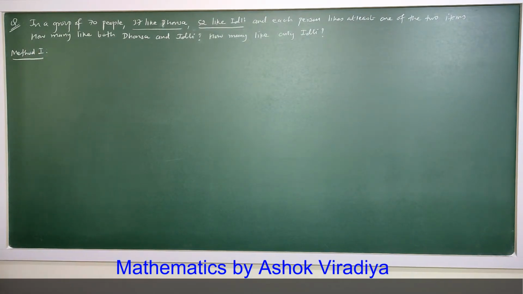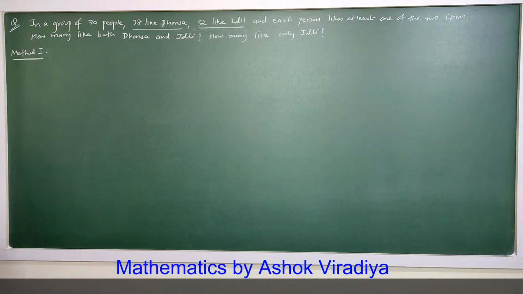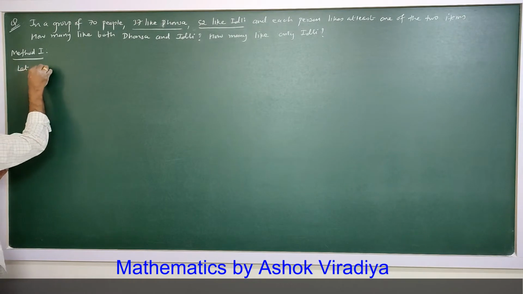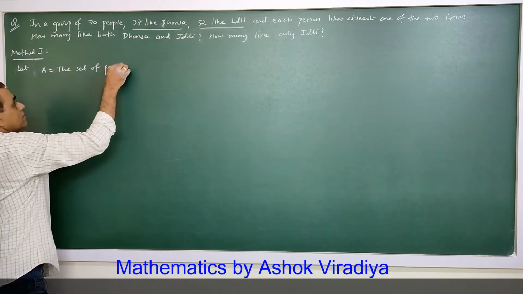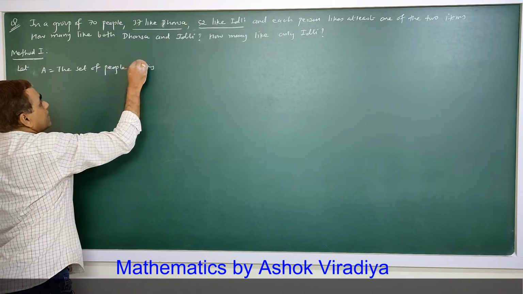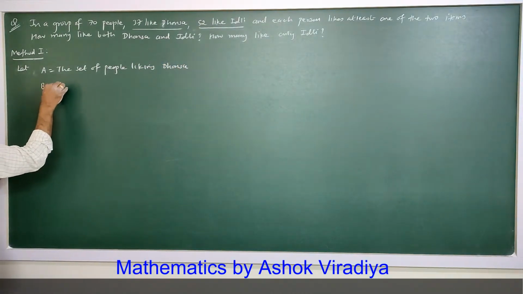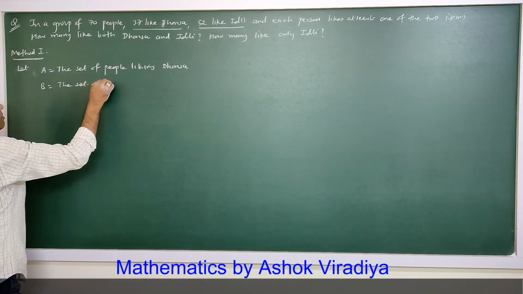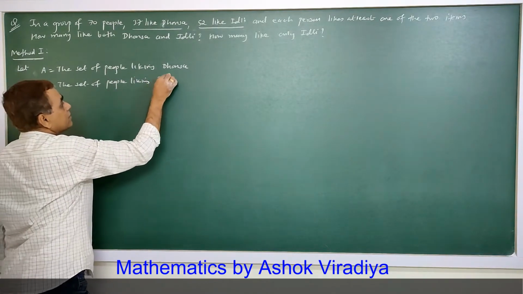There are two sets: the set of people who like dosa and the set of people who like idli. Let A be the set of people liking dosa, B be the set of people liking idli.